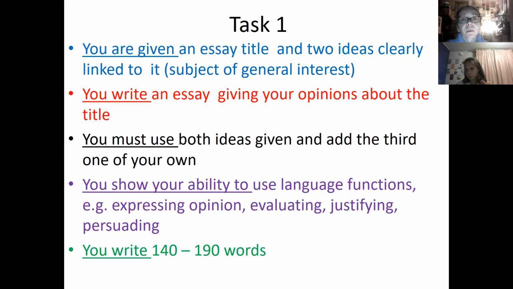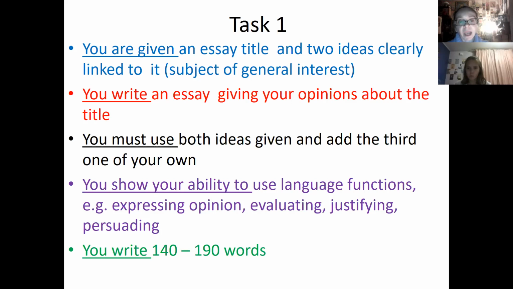So, in the essay, you have the title, the topic, and the two ideas. We'll now see more carefully what it is. So you write the opinion essay. You must use both the ideas you're provided with and a third one of your own.